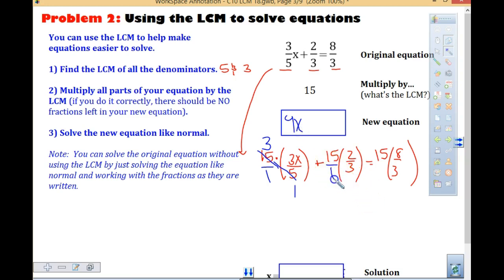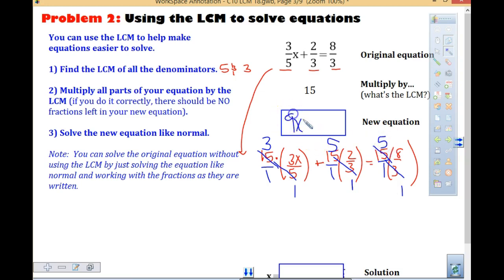Here we're looking at 15 over 1. 3 goes into 3 once. 3 goes into 15 how many times? 5. Since a fraction is 15 over 1, you could take 15 times 8 on your calculator, but it's easier to say, oh, 3 goes into 3 once, and 3 goes into 15 5 times.